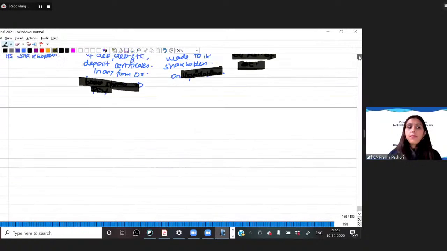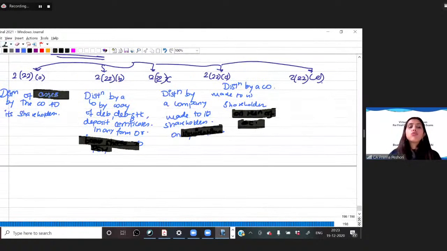This will be all of these distribution of assets to shareholders. So if you distribute the dividend in cash, that is covered by the normal dividend provision. It is not deemed dividend. If you distribute in kind, if you release your assets to the shareholder, that is covered under 222A. Distribution by way of issuing debentures to the shareholders or issuing bonus shares to the preference shareholders will be covered as deemed dividend.